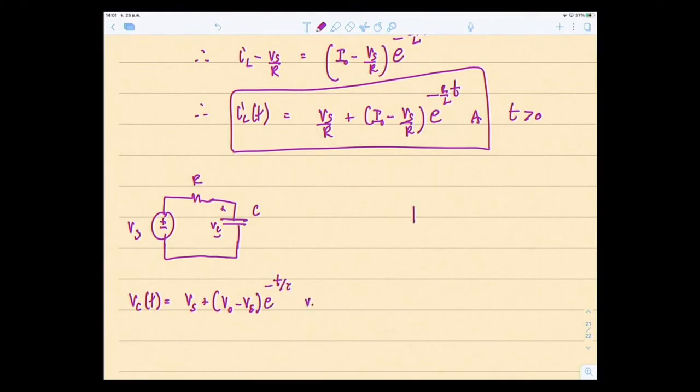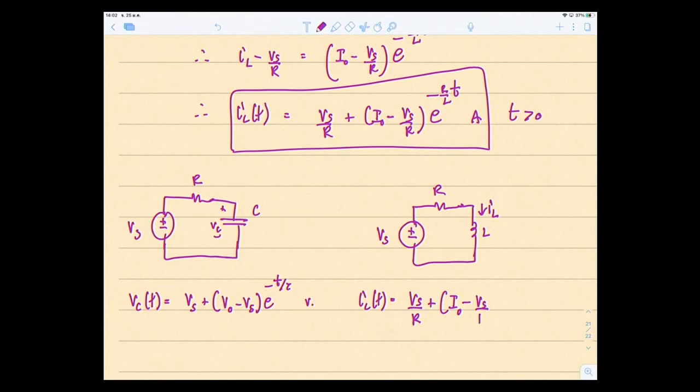And in this case, we have Vs, and then we have R. This is IL, this is L. And the answer is IL of t equal to Vs over R plus I naught minus Vs over R, e to the minus R over L t.